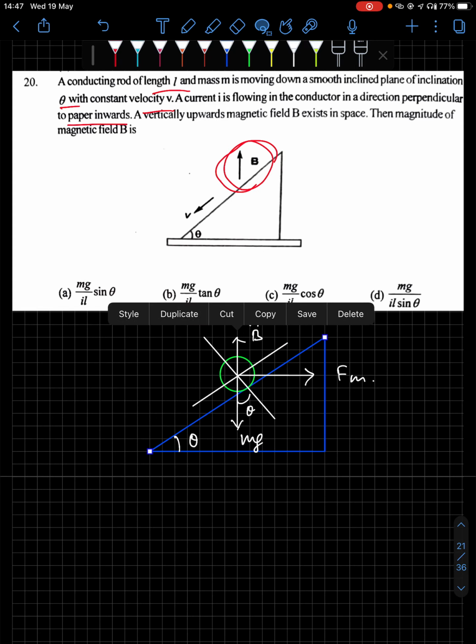I hope the diagram is clear. Now if this angle is theta, then this angle is also theta.